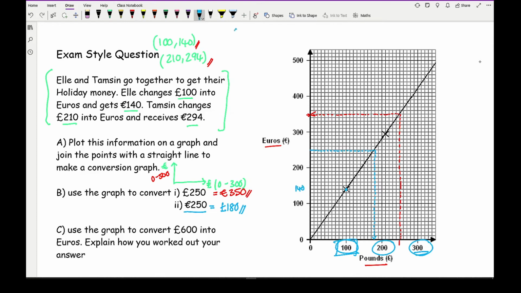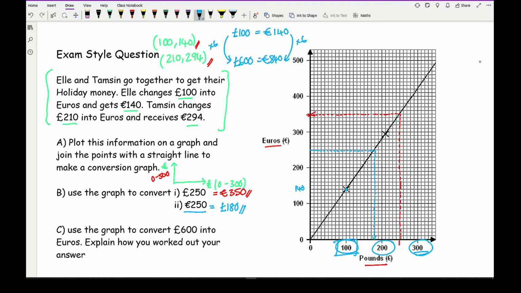So if I start off with £100, and I know that that is equal to 140 euros, to get to £600, now again, when you're doing this, you can only multiply or divide. So we need to multiply by 6. So if I multiply this answer by 6, I've got 140 times 6 gives me an answer of 840 euros.